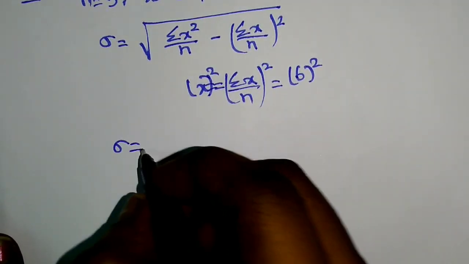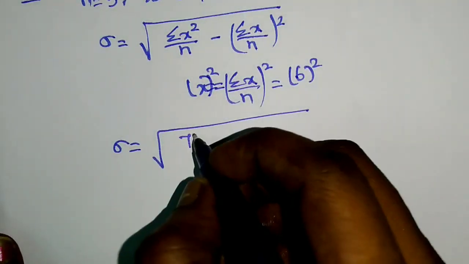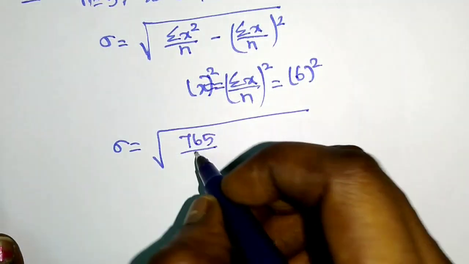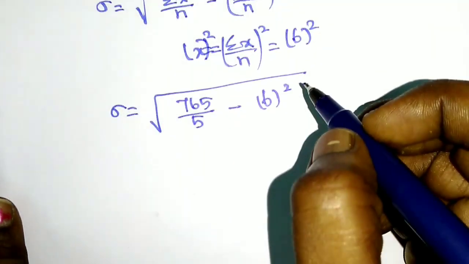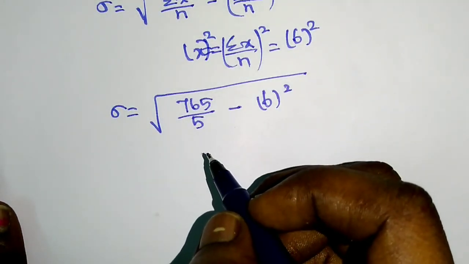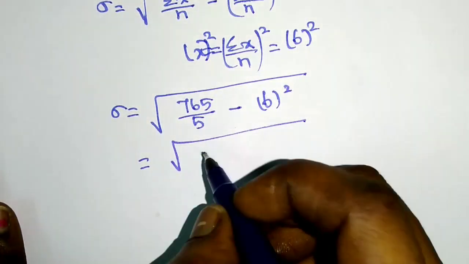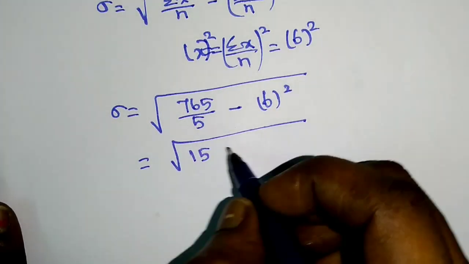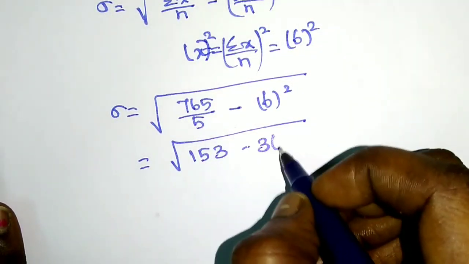So now sigma is equal to root of summation x square, 765, divided by n, 5, minus 6 square. So 765 divided by 5, here we get root of 153 minus 36.